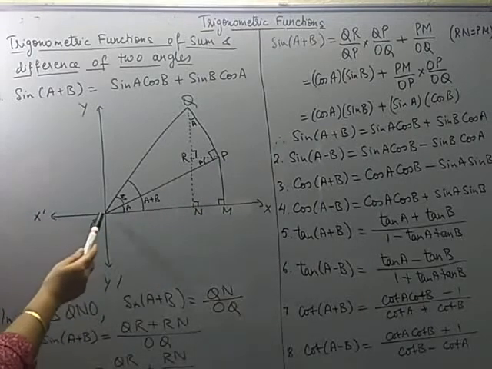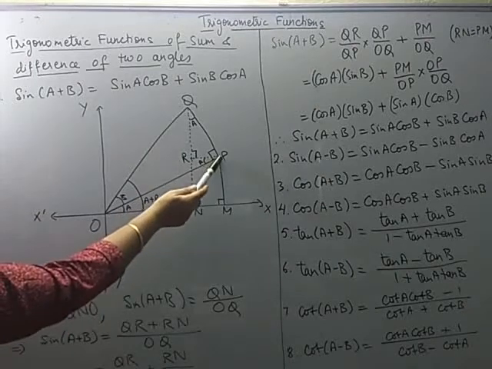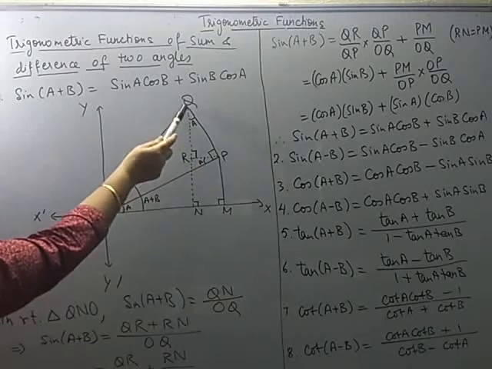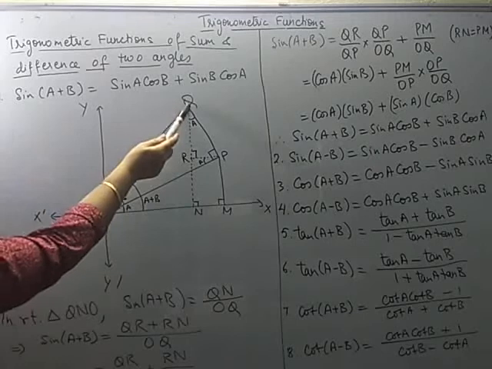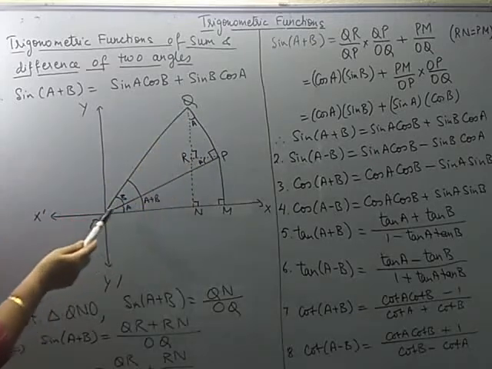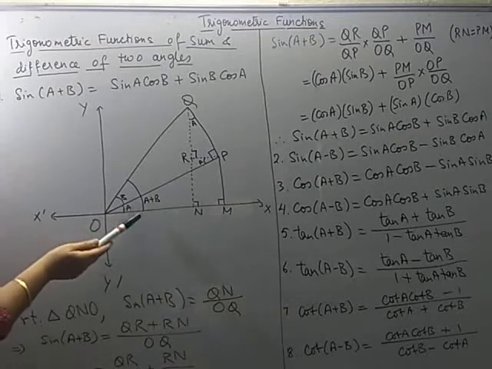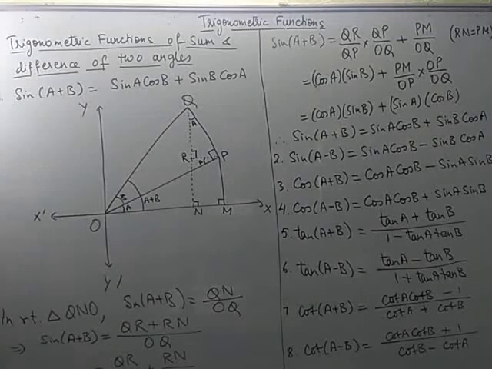In the same way, keeping this side OP the same, a perpendicular is drawn on it, an altitude PQ we can say, and Q is connected to O. So this is another right triangle QPO, which has an angle B here. So this entire angle can be termed as A plus B.